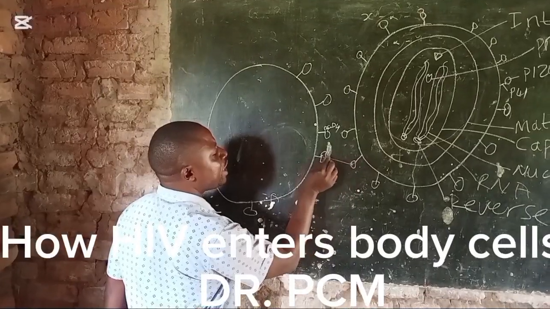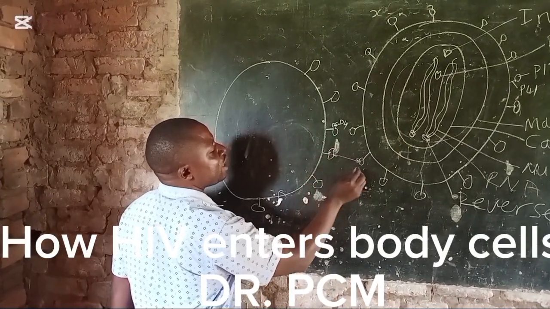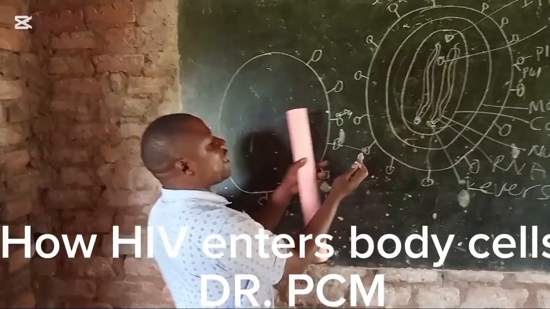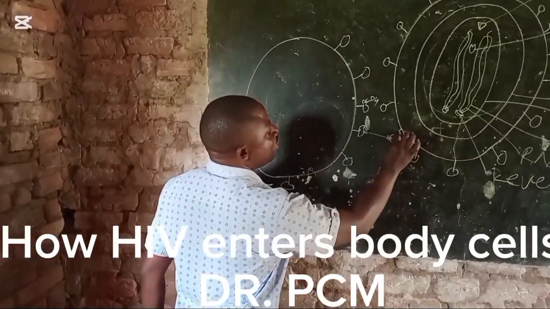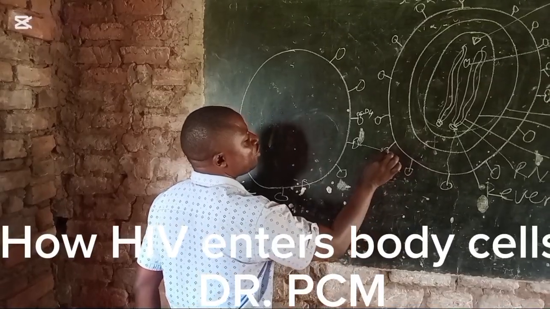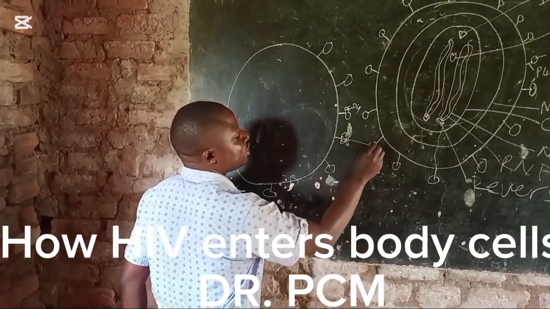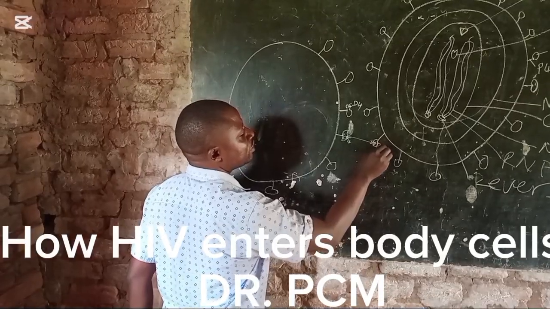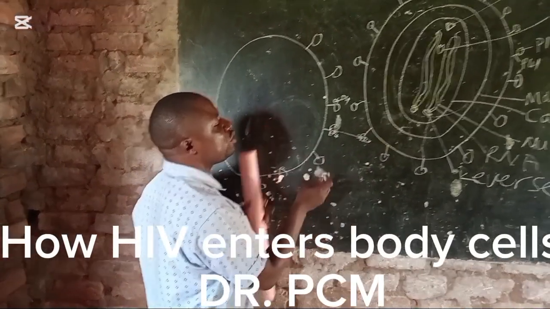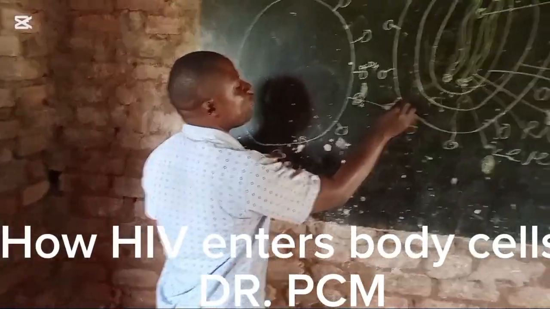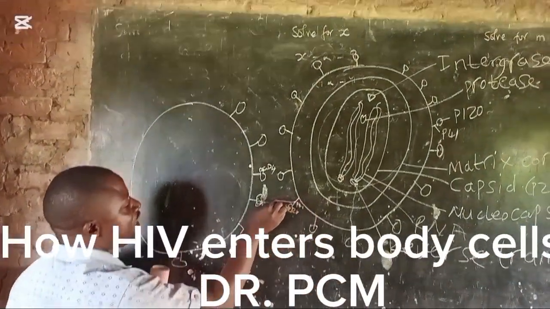Even this cell has things which allow the attaching, so it attaches there. The HIV P120 comes and attaches on the CD4 molecule on the T helper cell. Understand? They attach together.